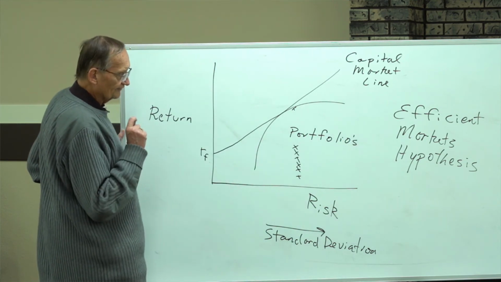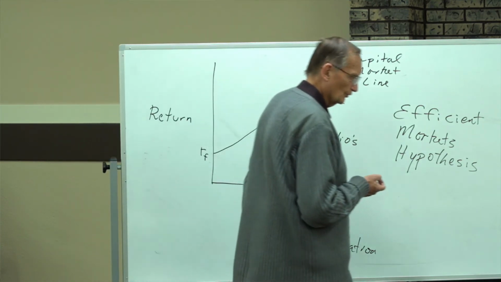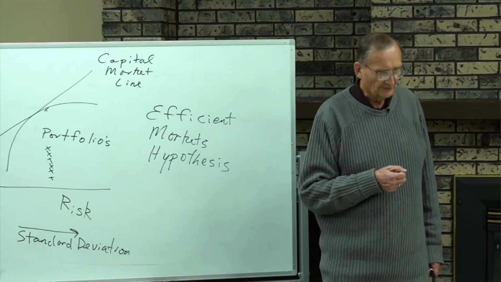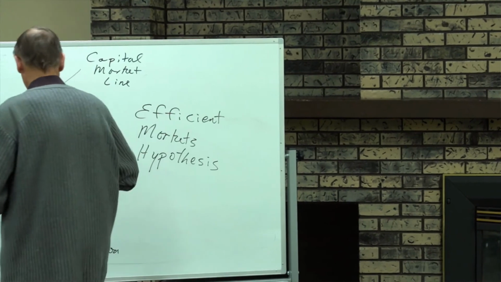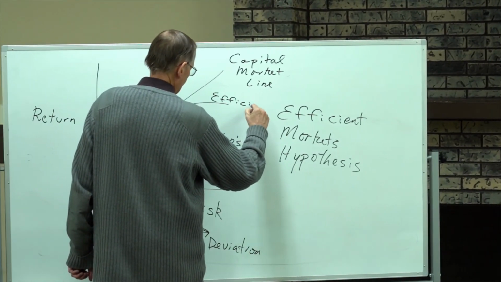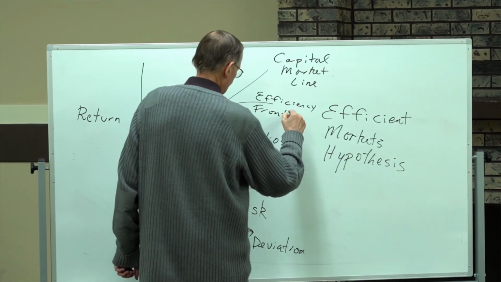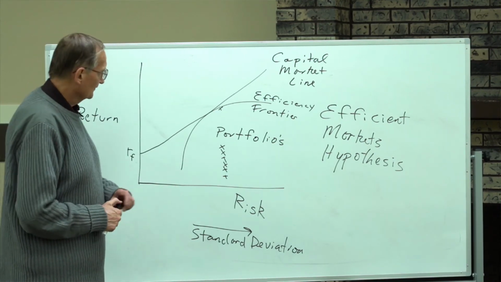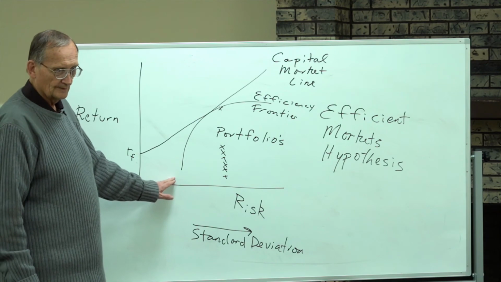And the most efficient portfolios, the best portfolios, are found on the efficiency frontier. That's right here. So given the efficient markets hypothesis, this is the best you're going to get. Is that okay?